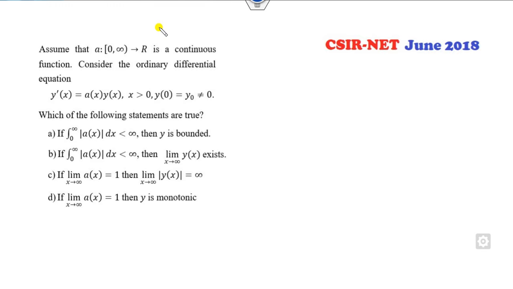Look at this another one. If a is a continuous function, consider the differential equation on 0 to infinity. Okay, fine. What is given to you? Y dash is a times y. Okay, so I can do a little bit of calculation here, because a is any continuous function which satisfies certain properties.